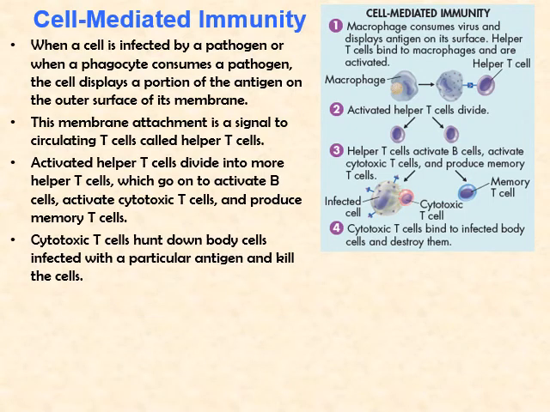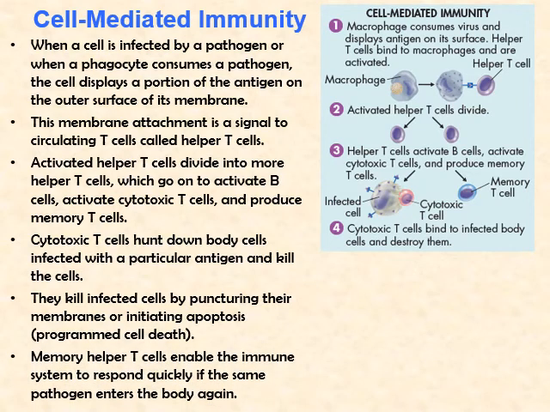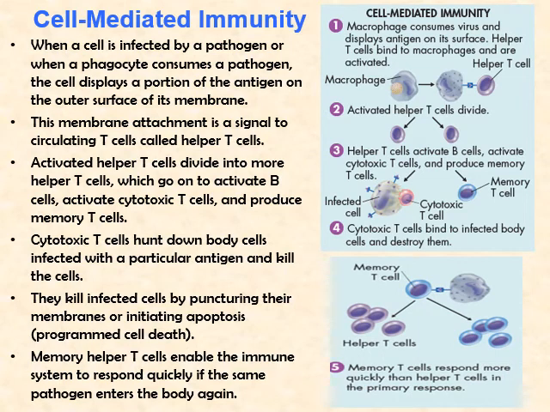The cytotoxic T cells hunt down body cells infected with a particular antigen and kill the cells. They also kill infected cells by puncturing their membranes or initiating what is known as apoptosis, programmed cell death. On the other hand, the memory helper T cells enable the immune system to respond quickly if the same pathogen enters the body again.